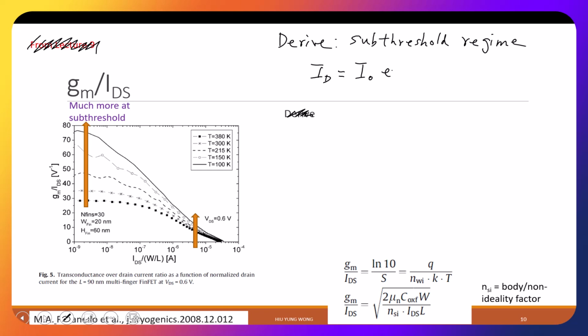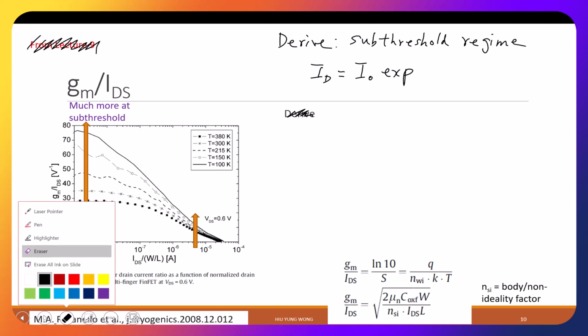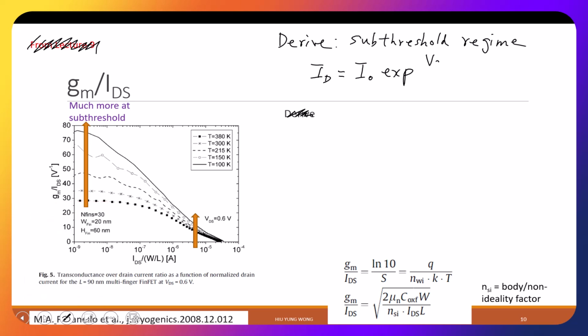Exponential in VG, the gate voltage, divided by KT over Q. And there's an ideality factor, but let's not worry about that.